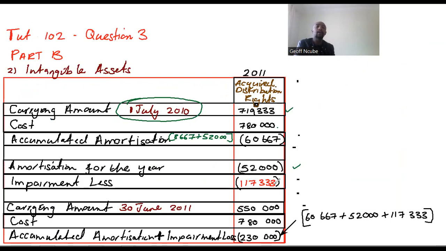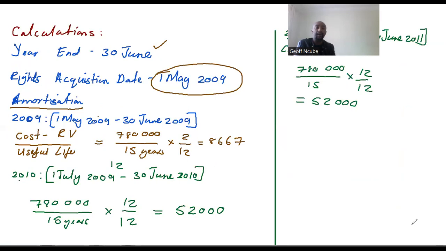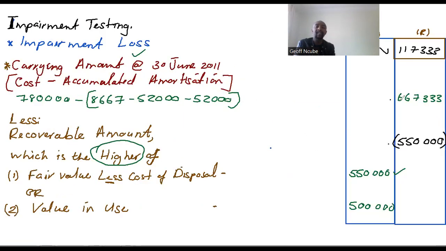So remember, impairment loss reduces your carrying amount. Because that's not the original carrying amount, the company had recognized the carrying amount of 667, but the market is saying, no, your asset should be at 550. So you have overstated.